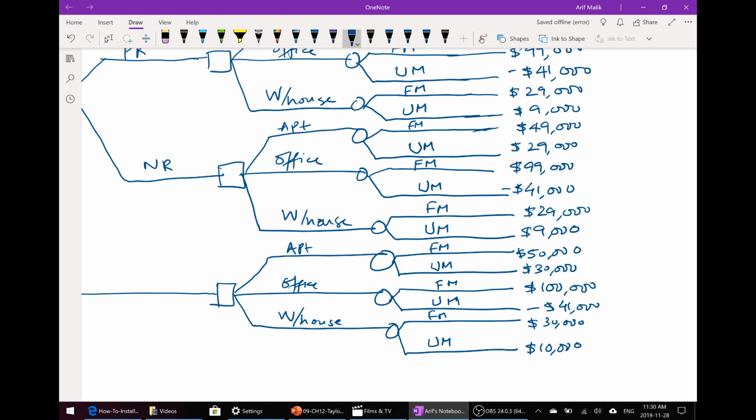If we don't go for the consultants, our original statistics show the probability that the market will be favorable is 0.6 and 0.4, and 0.6 and 0.4, 0.6 and 0.4. Okay.